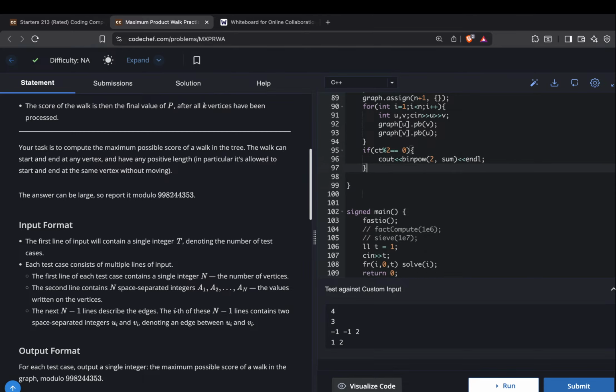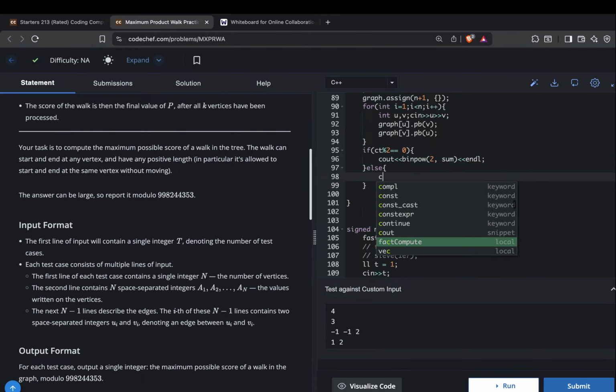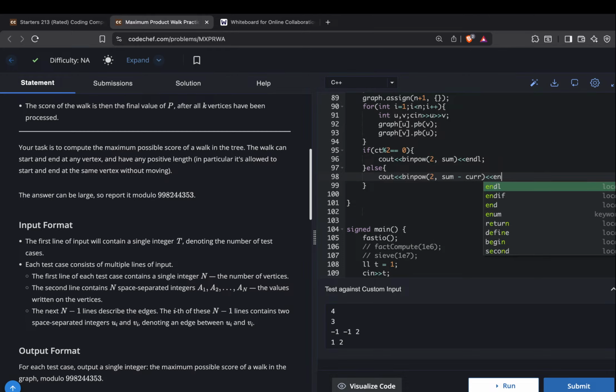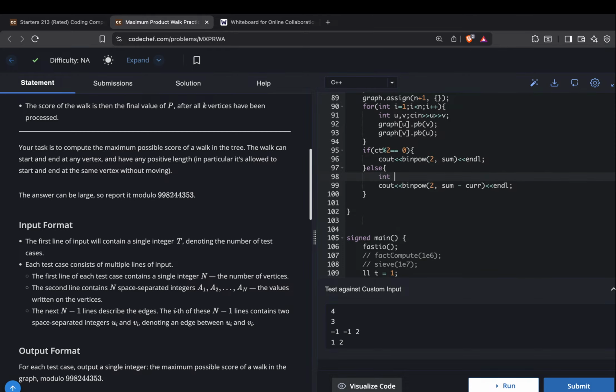What in the other scenario? In the other scenario, we need to remove at least one subtree from the sum. Let's say the subtree is given to us as cur. Let's calculate this cur value now.